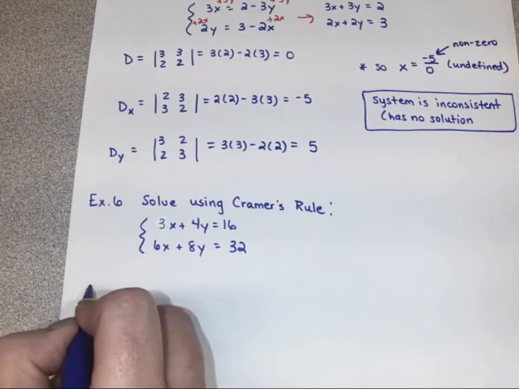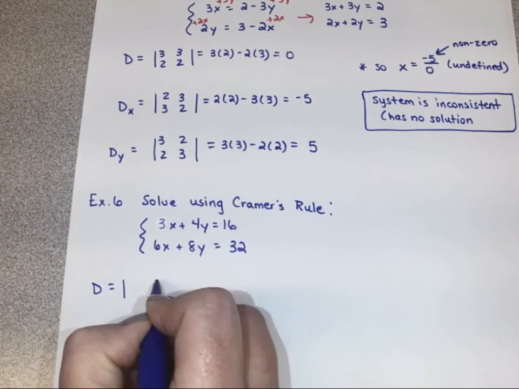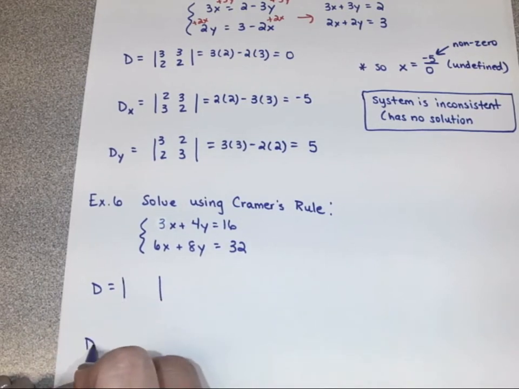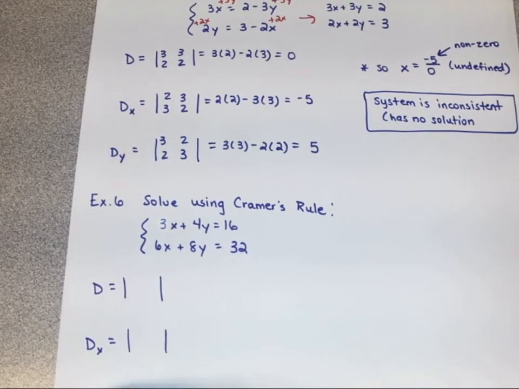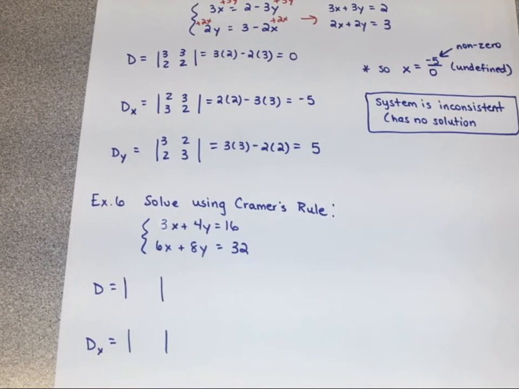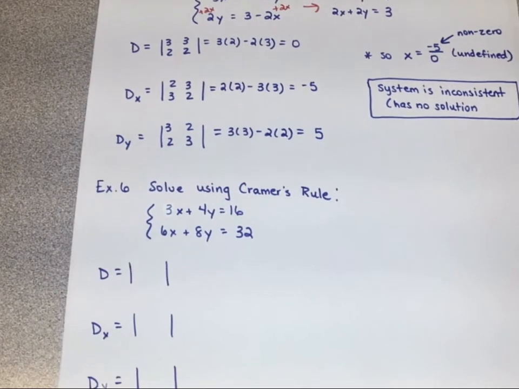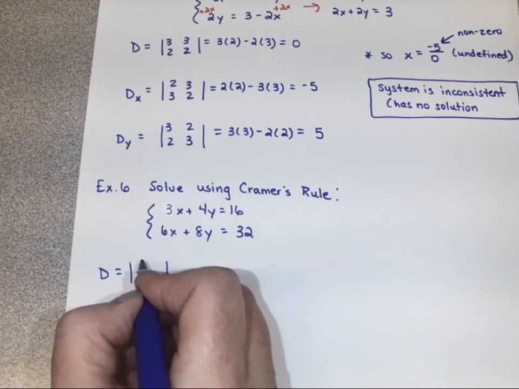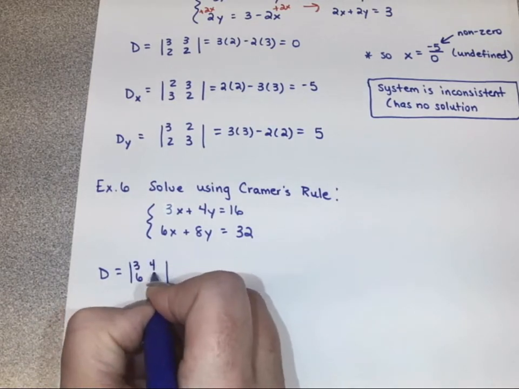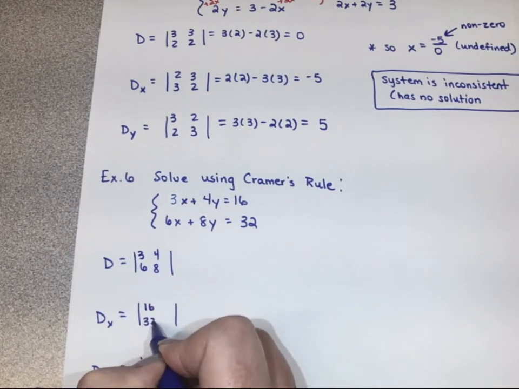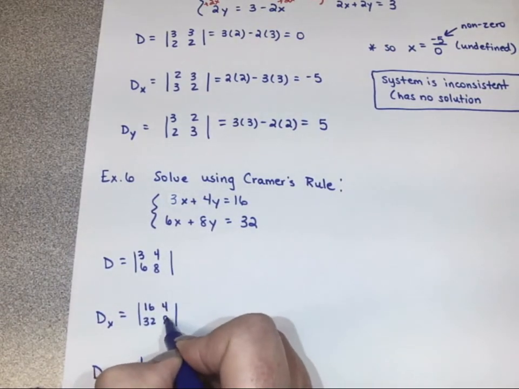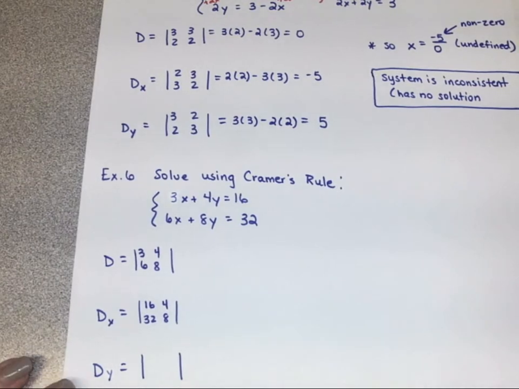So we're just going to proceed with our 3 determinants, just like we always do. And then if we get something unusual, then we'll think about what that means. So the first one is A's followed by B's. The second one is C's followed by B's. And then the final one is A's followed by C's.